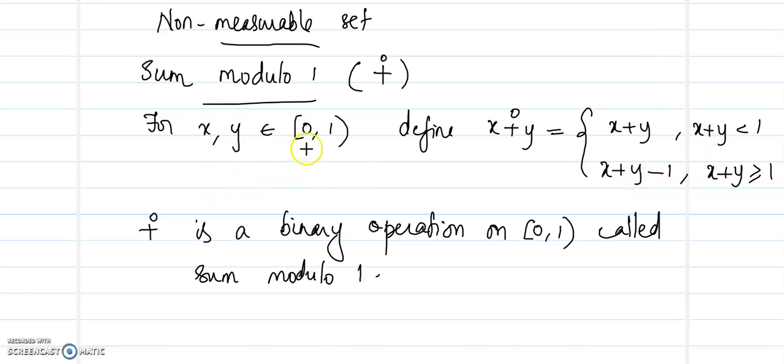So the value always belongs to [0,1): if I take the sum modulo 1 of two values x and y, it again belongs to [0,1). Therefore it is a binary operation on [0,1), and it has further properties. We can show that [0,1) is an abelian group under sum modulo 1.